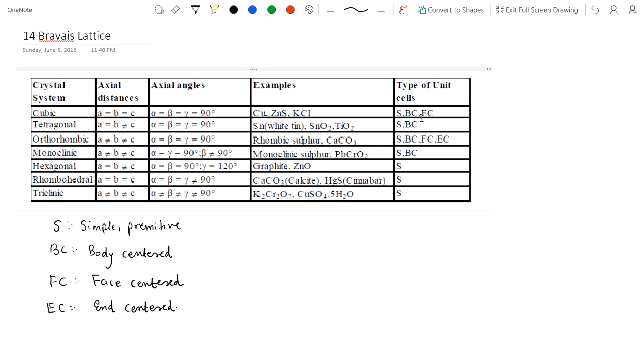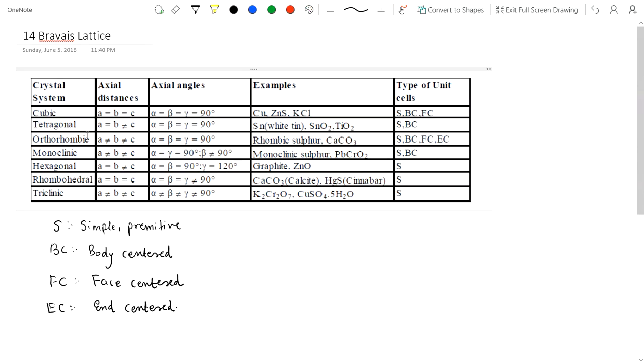The type of unit cell mentioned over here corresponds to: S is your simple or primitive unit cell, BC is body centered, FC is face centered, and EC is end centered type of unit cell. So all of the systems will have primitive unit cell present, and additionally some of them may have other non-primitive systems also possible.